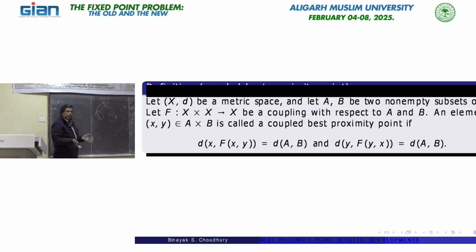So, this is the coupling, the product of the whole space is moved to one space, and the other way is also there. As you can see, we require these two equations to be satisfied, and this is one way of attaining D(A,B), and this is the other way of attaining D(A,B), because neither x is y nor f(x,y) is equal to f(y,x). This is the difference.